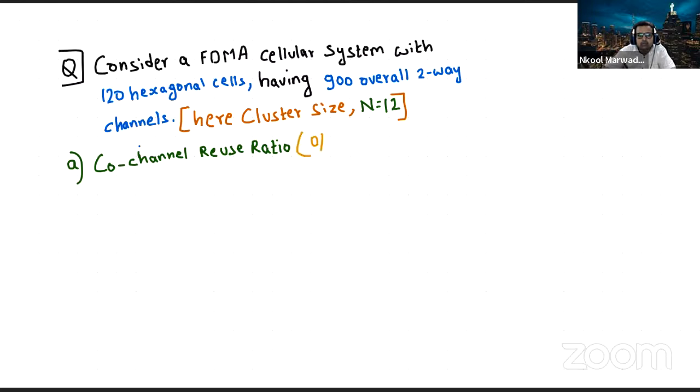Capital D by capital R. In the B part, we have to find the number of channels per cell.